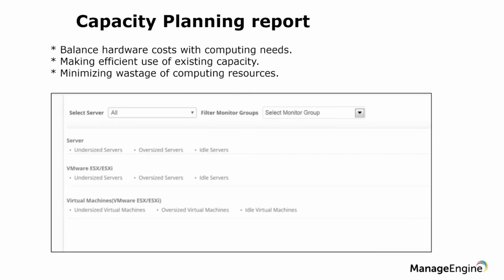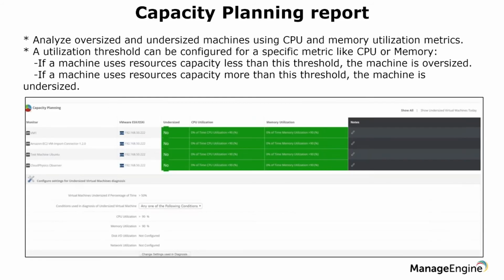Based on this, we show the oversized and undersized servers based on CPU and memory utilization. If a resource capacity is less than the threshold that you create, the machine is oversized. If the machine uses resource capacity more than the threshold that has been applied, the machine is undersized. Based on this, the management can take decisions and plan accordingly.